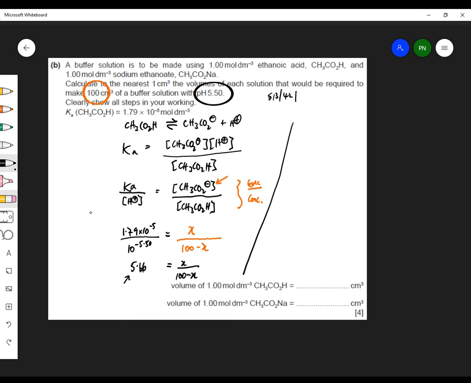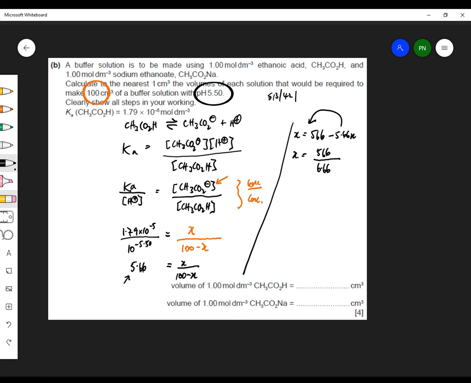Cross multiplying, I get 566 minus 5.66X equals X. Therefore, X is equal to 566 over 6.66. I've taken this over there to make 6.66X, and then 6.66X equals 566. Therefore, X must equal this.